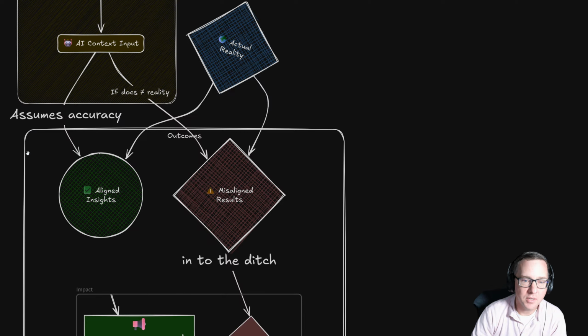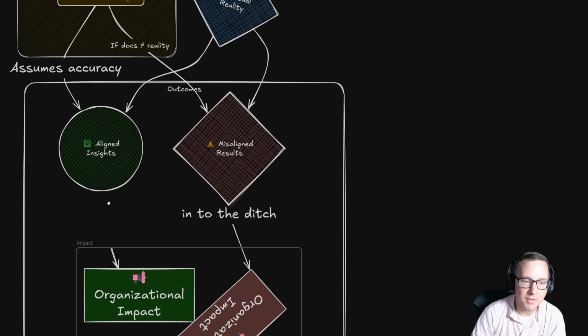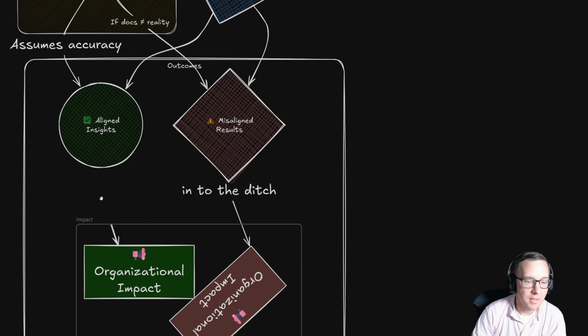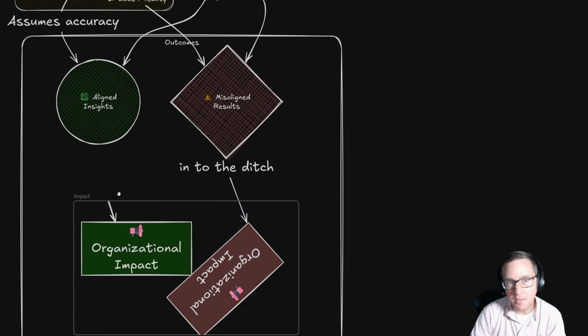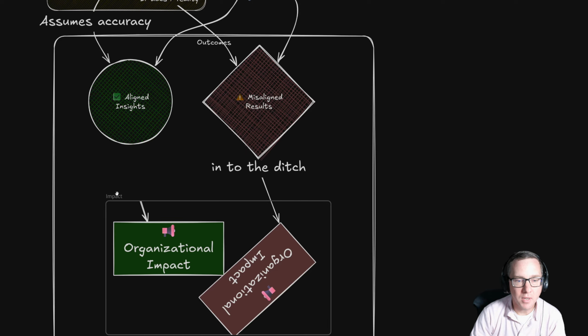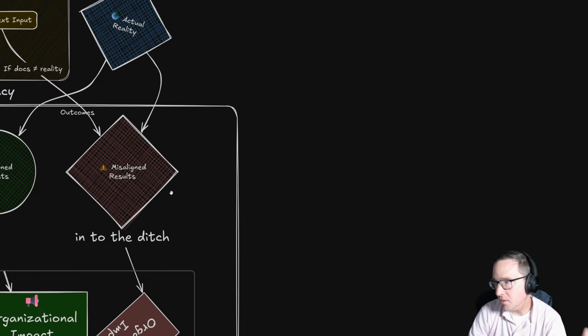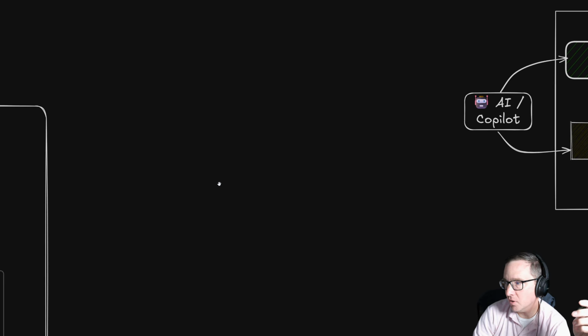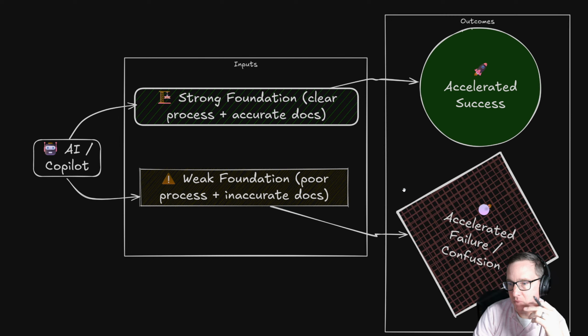And that's when we run into misaligned results, and then we kind of drive it into the ditch, so to speak. But if you have aligned insights, then the organizational impact is good. If not, it's misaligned, and you can accelerate it pretty quickly. So that's really, if you don't have it, it's a problem.